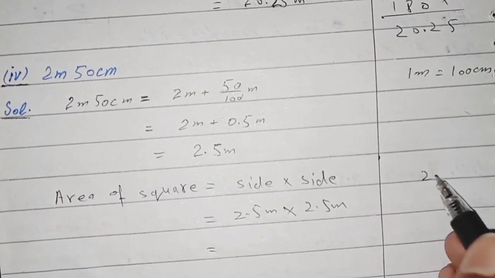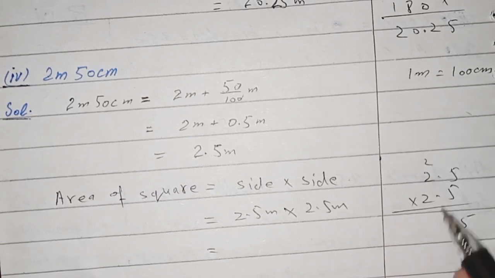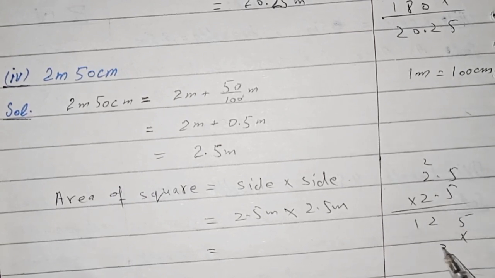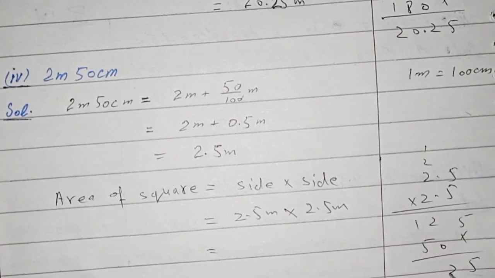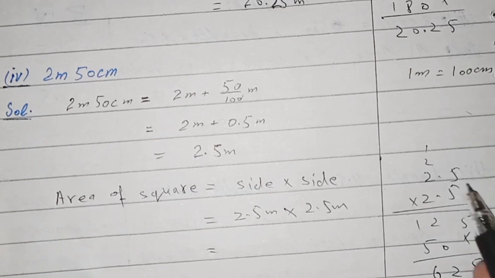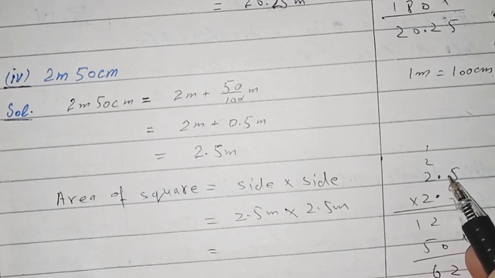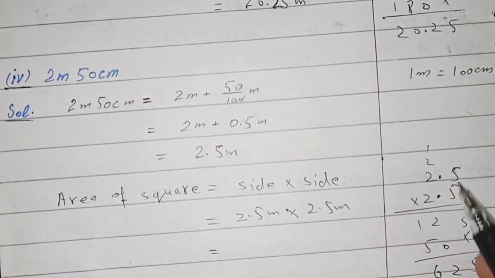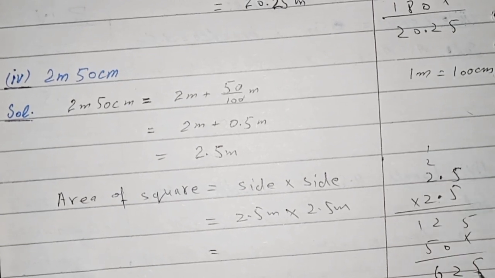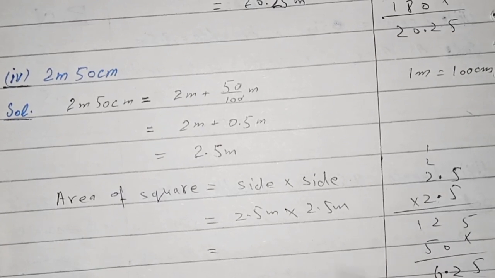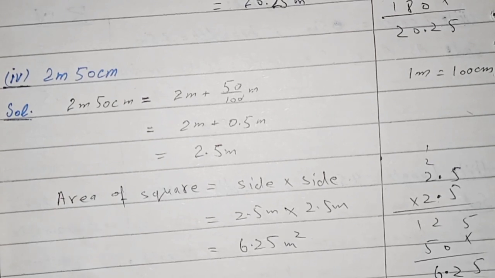So 2.5 multiply 2.5: 5 5 the 25, 5 2 the 10, 2 5 the 10, 2 2 the 4, and 1 5, 5 2 6. The point will be after 2 digits because the decimal point is after 1 digit and there is also 1 after 1 digit. Totally the point will be placed after 2 digits. So the answer is 6.25 meter square.